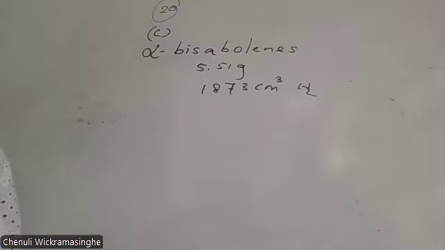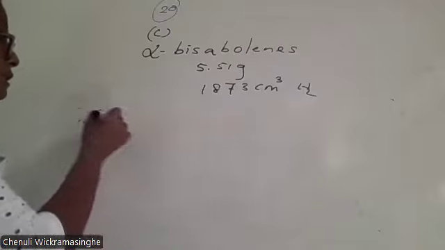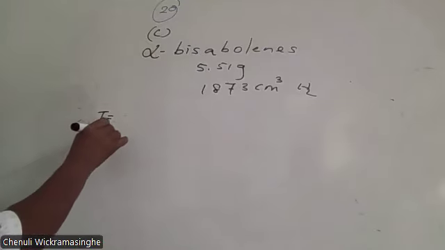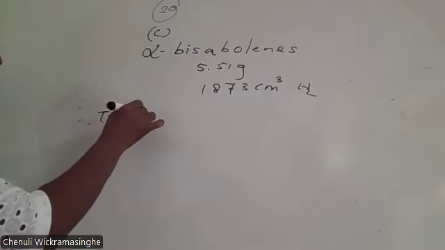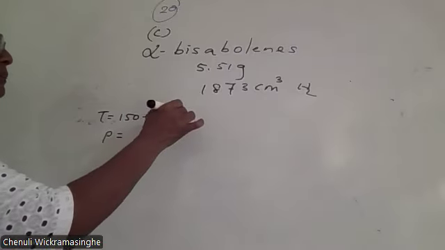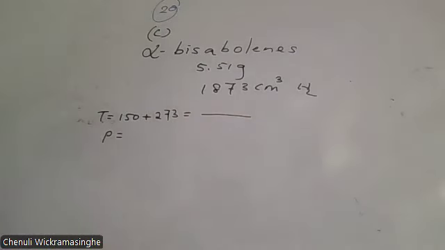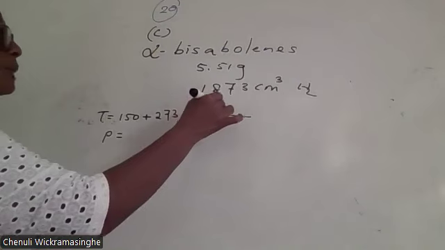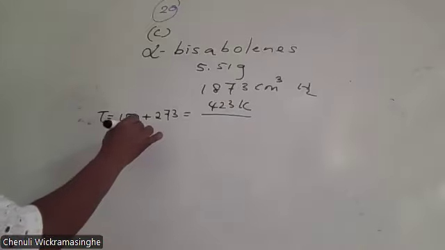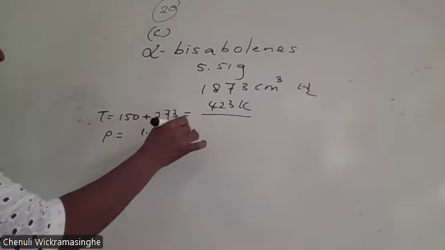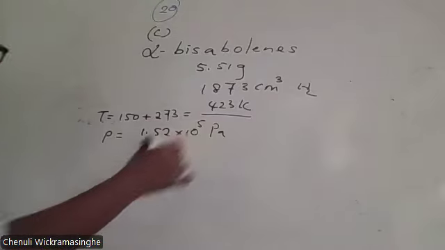The reaction happened at 150 degrees Celsius, so add 273 to get the temperature in Kelvin, 423 Kelvin. Pressure is given straight away as 1.52 times 10 to the power 5 pascals.